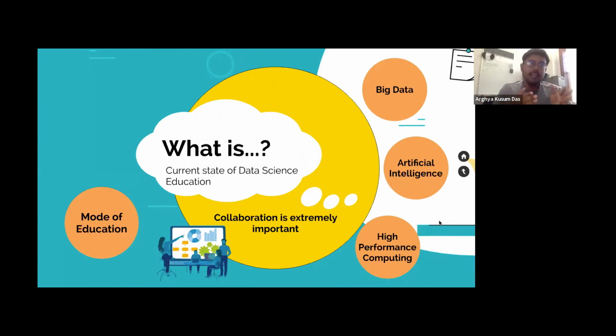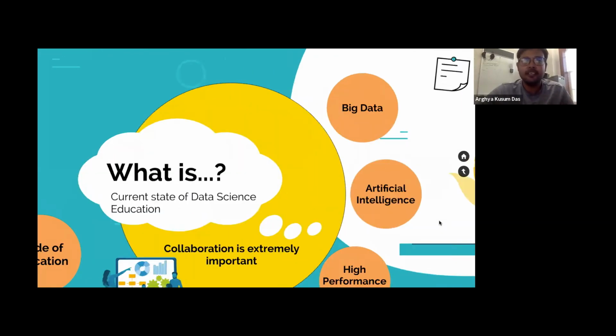But at the same time, there is a revolution happening in terms of education in data science also. Big data, artificial intelligence, high performance computing are actually changing the domain of education. Honestly, nowadays AI and big data education has become a huge market. So let's see what the current state of data science education is.